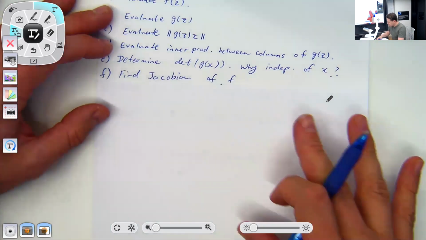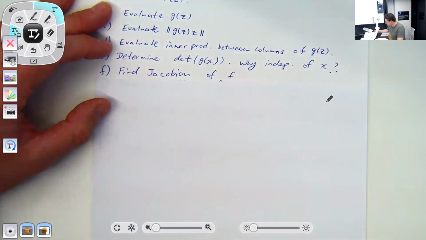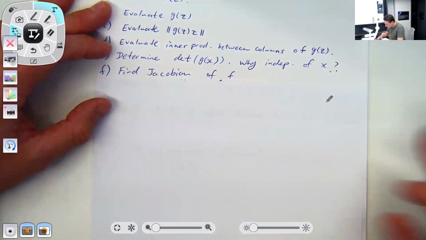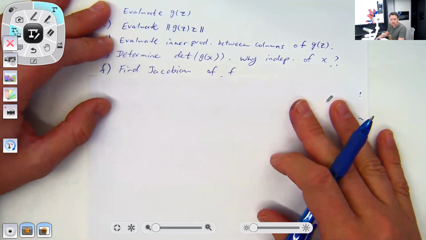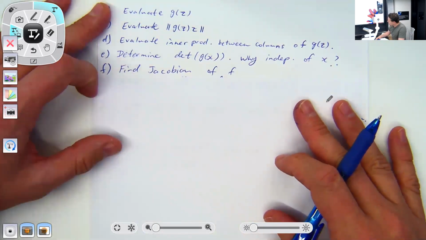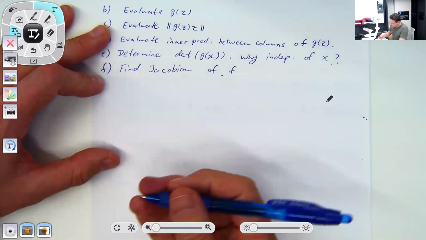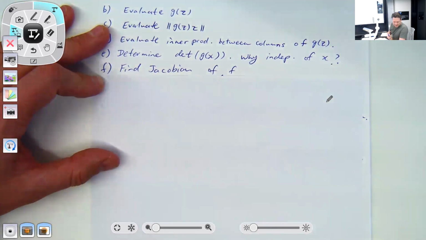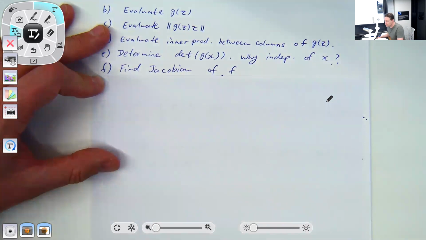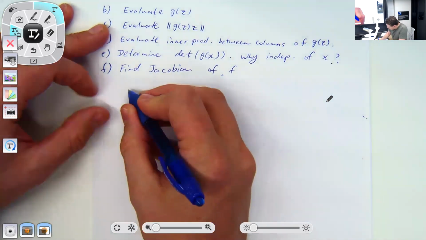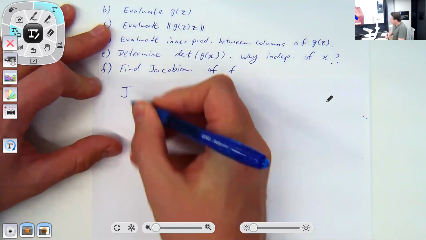All right, which says to find the Jacobian of F. I'm just going to use my own symbols for this, but there are some conventional symbols for Jacobian. There are a couple of different ones, but my own choice is this one that I've made up.